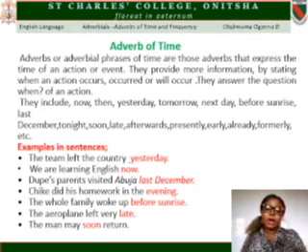Number 1, the team left the country yesterday. In this sentence, yesterday is the adverb of time because it tells us when the team left the country, which is yesterday. It answers the question, when did the team leave the country? Thereby, yesterday is added to this sentence to provide more information about the verb left.